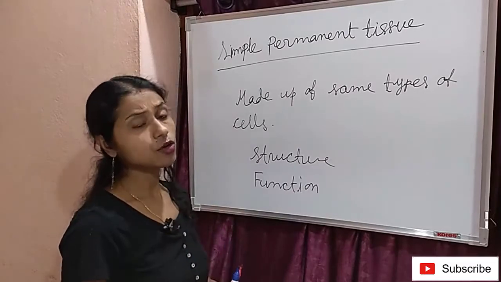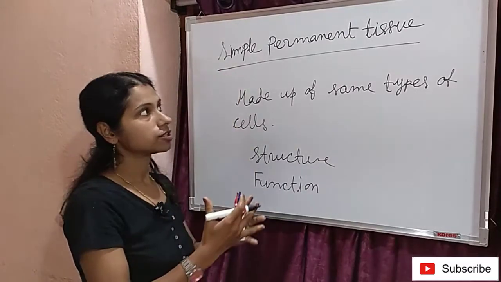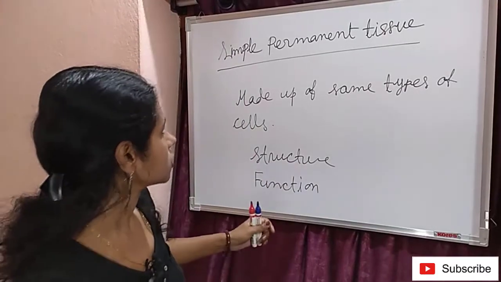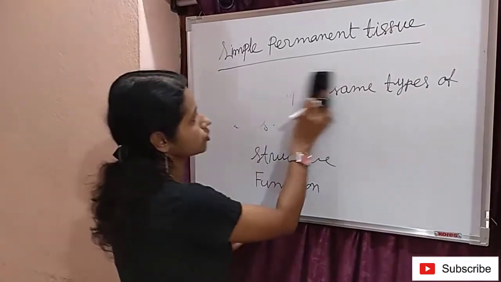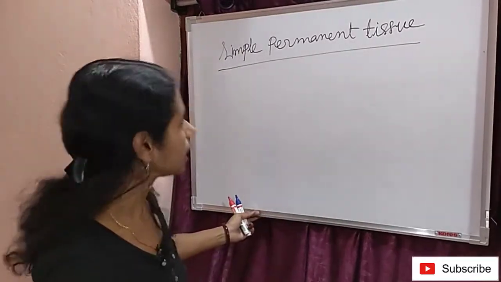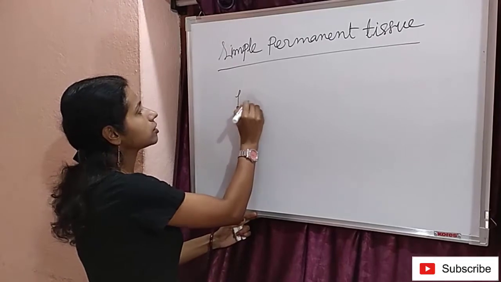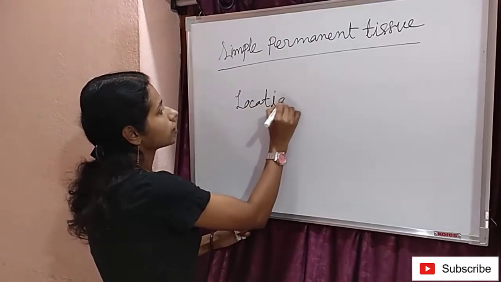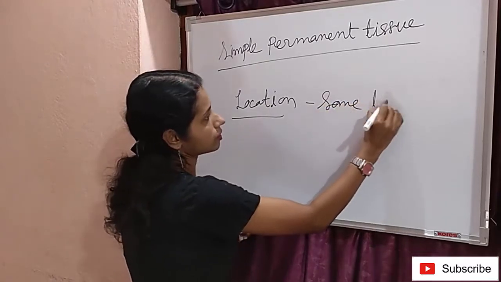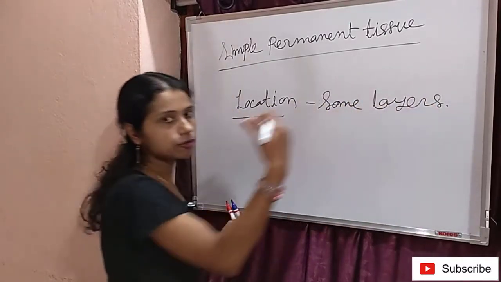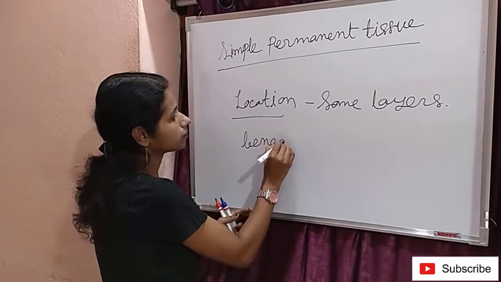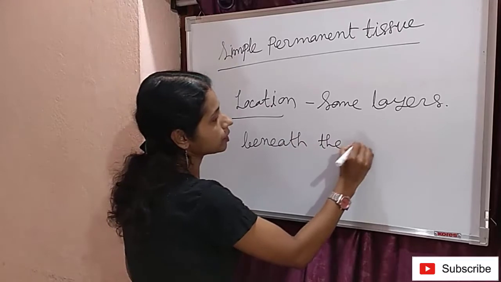Okay. And simple permanent tissue, where do we get it? Now it's about the location where we get this tissue. We get it beneath the epidermis. These are some layers actually, some layers of cells which are present beneath the epidermis.